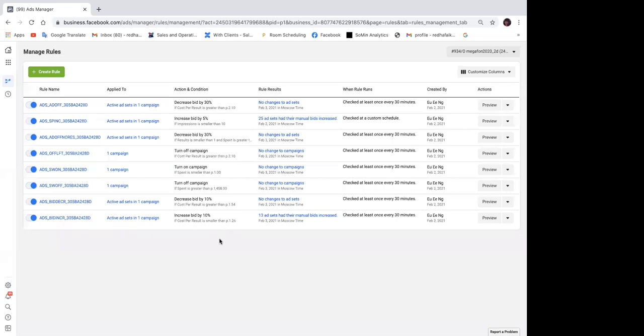It's not even a rule. It's just a setting. So we have two rules. One is increased by 5%. Another one is increased by 10%. Question: what did these rules do, and what kind of general conclusion can you make from this picture in front of you?